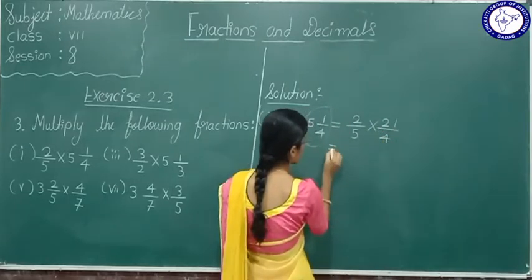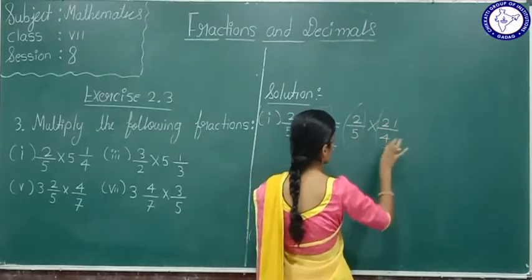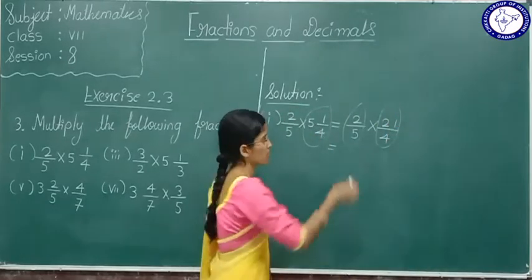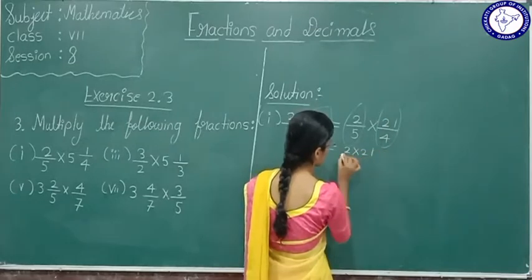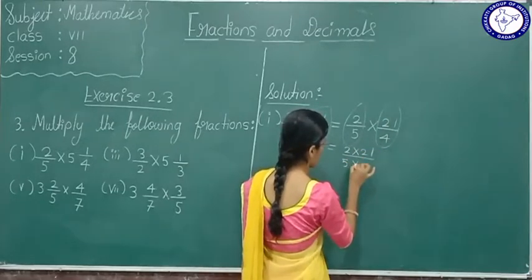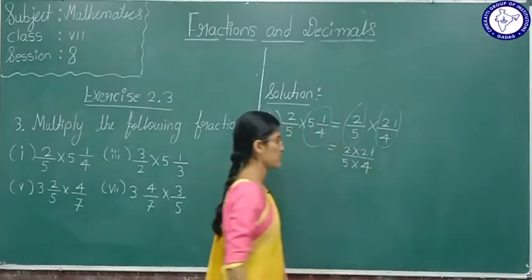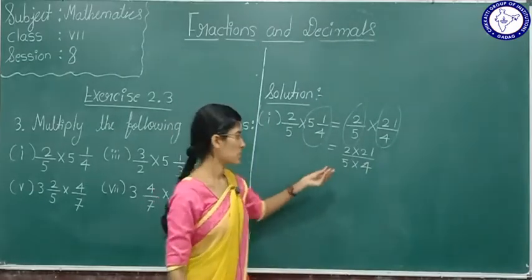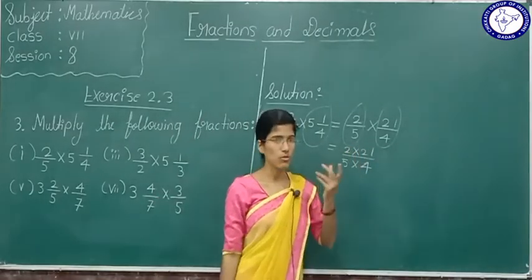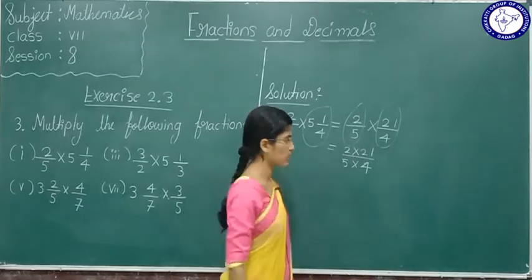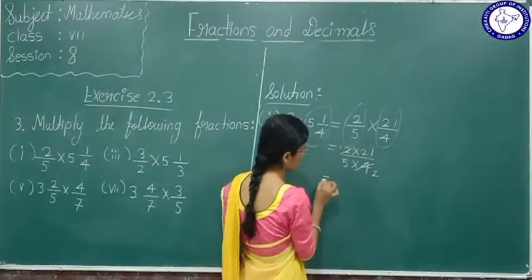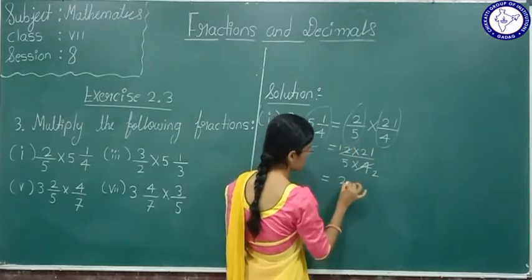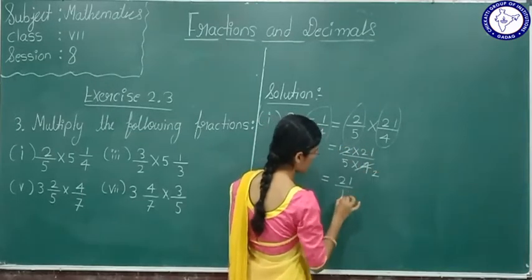Now we know how to multiply a fraction with a fraction. Product of numerators, that is 2 multiplied by 21, divided by 5 multiplied by 4. Now see here, instead of doing 21 multiplied by 2, to make our work easier, we will cancel here. 2 1s are 2, 2 2s are 4. Now 1 21s are 21, 5 2s are 10.